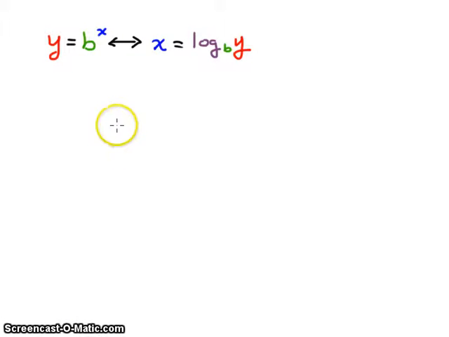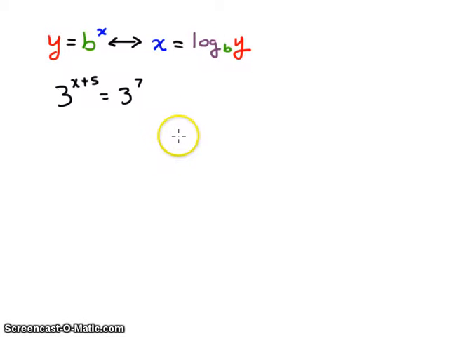Well, that's all well and good, but things do get more complicated than that, of course. And so let's take a look at something like 3 to the x plus 5 power is equal to 3 to the 7th power. How could we solve this?